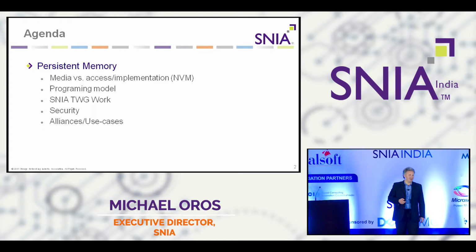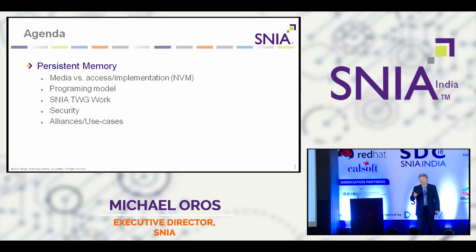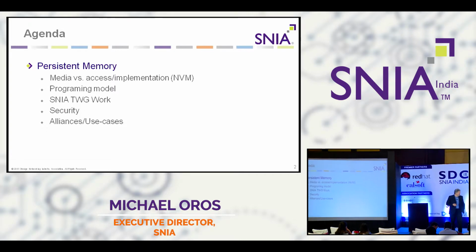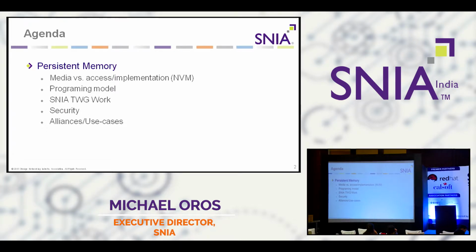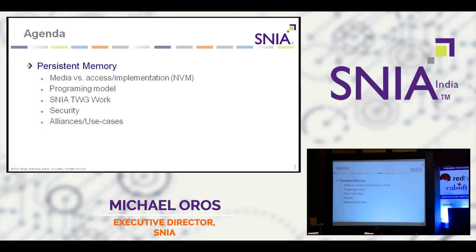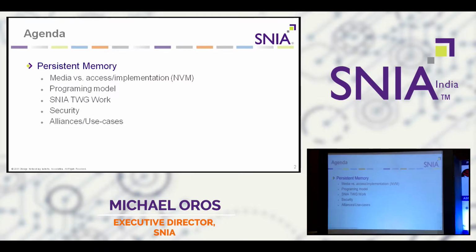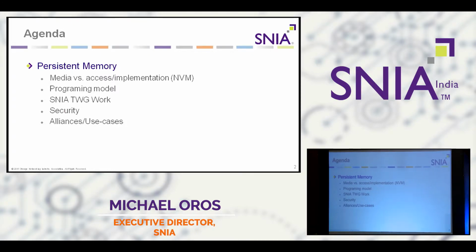I'll warn you, I have about 3 hours worth of content, but I'll try to keep it to 30 minutes. So, first, what I wanted to cover today on persistent memory: the distinction between persistent memory media and the access implementation, or NVM.